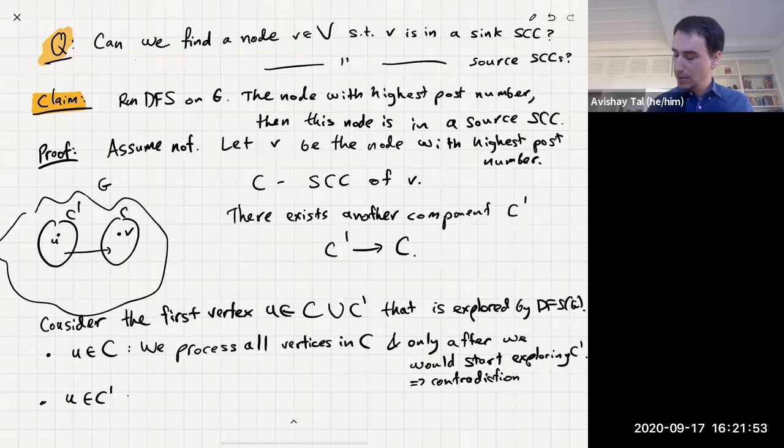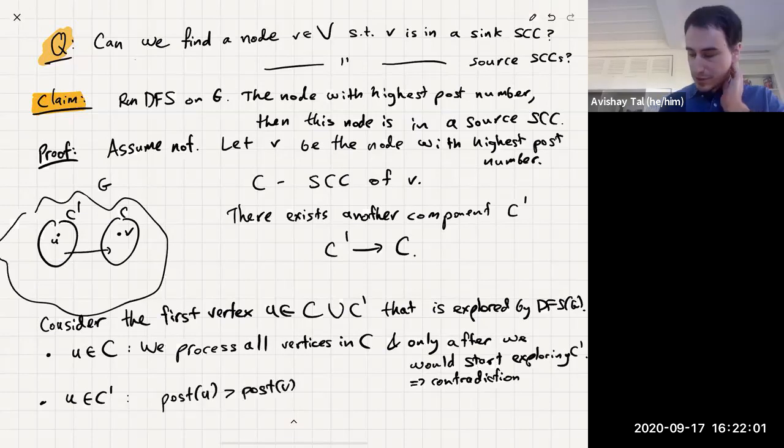So here, we would have that post U is bigger than post V, because at some point we would reach V, process it, pop it from the stack, but we still haven't finished processing U, and eventually we would pop U from the stack. So U would have a higher post number. In both cases, we got a contradiction.